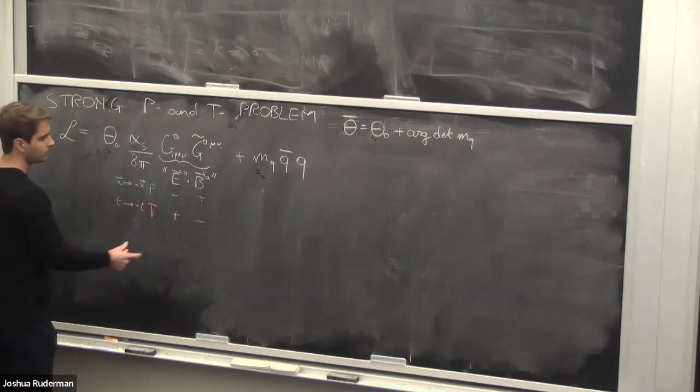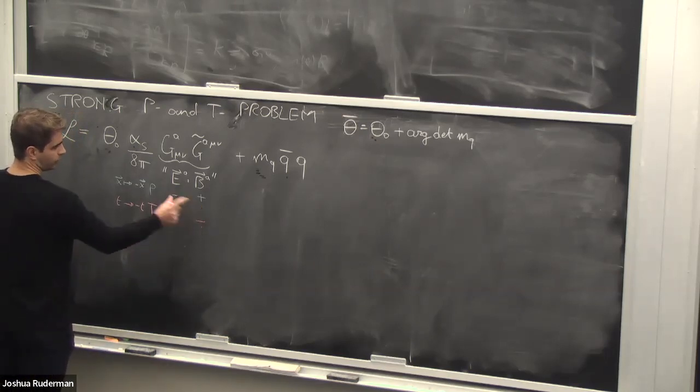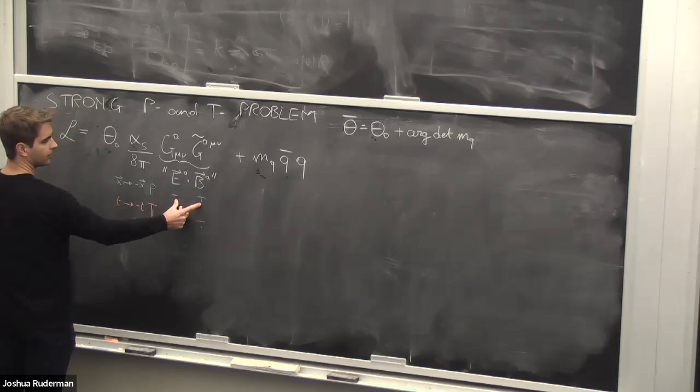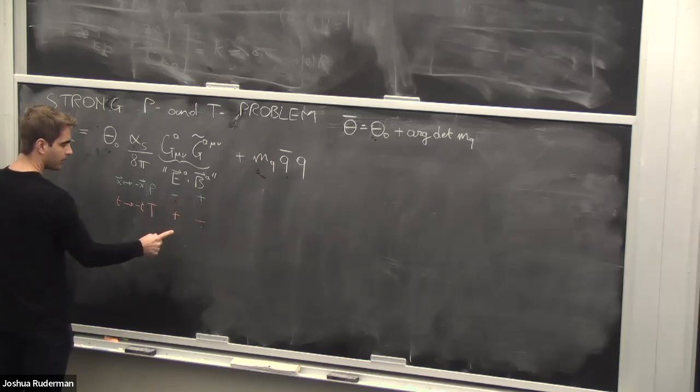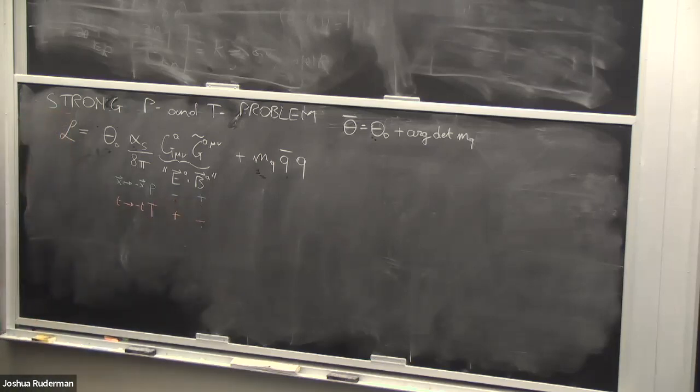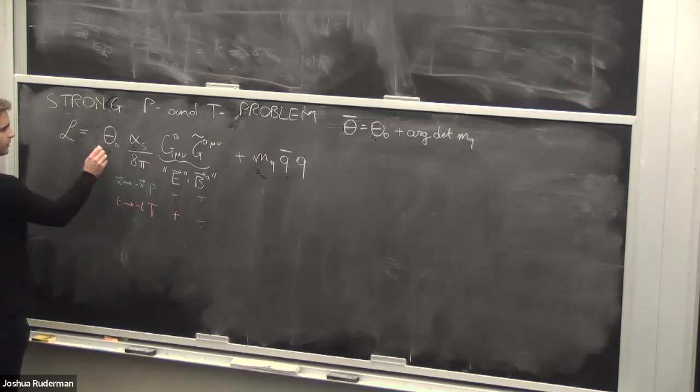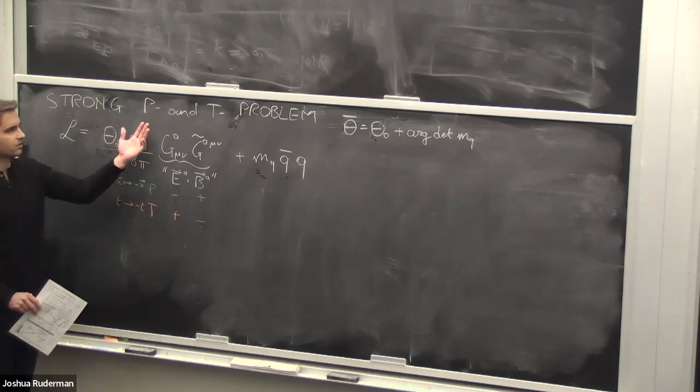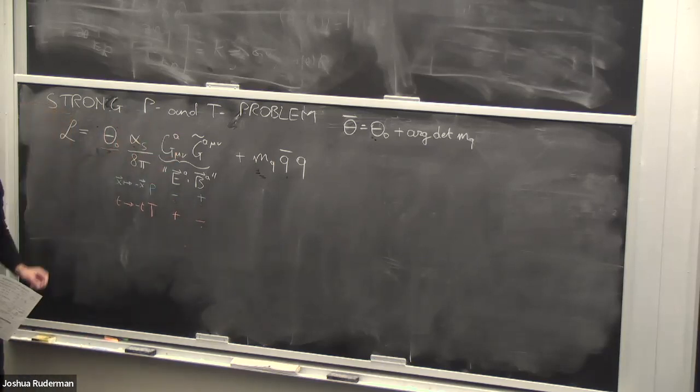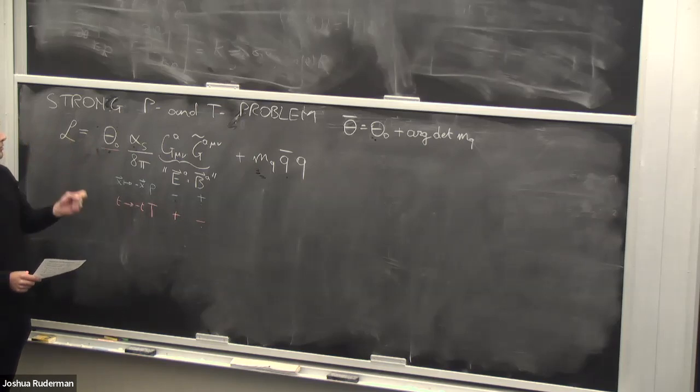So this term is odd under parity and time reversal. That means that this parameter here breaks both parity symmetry and time reversal symmetry. And the problem is that we haven't observed parity and time reversal symmetry breaking.